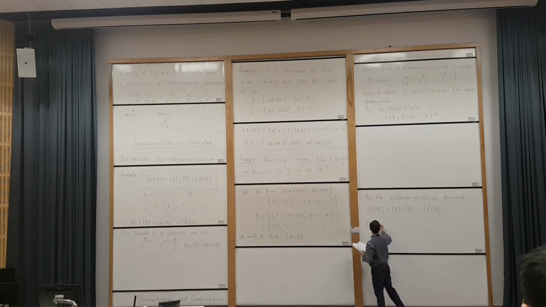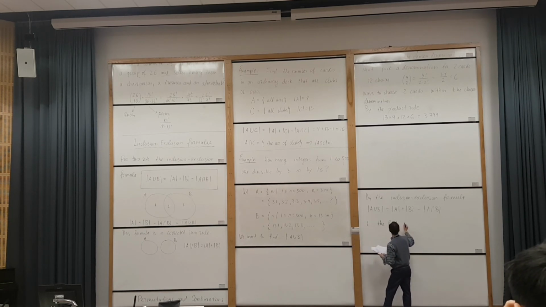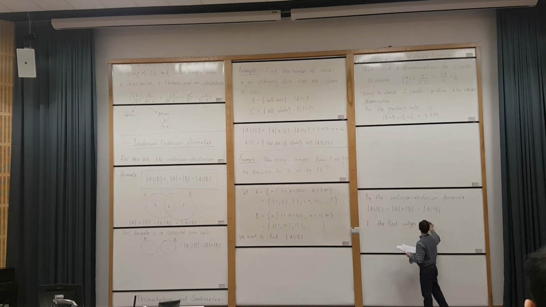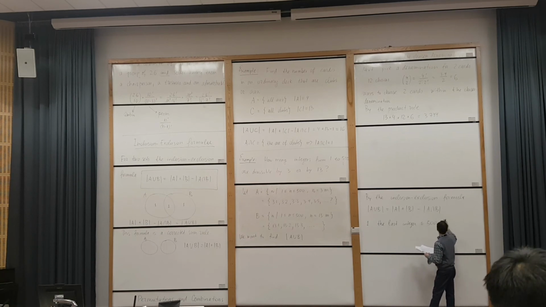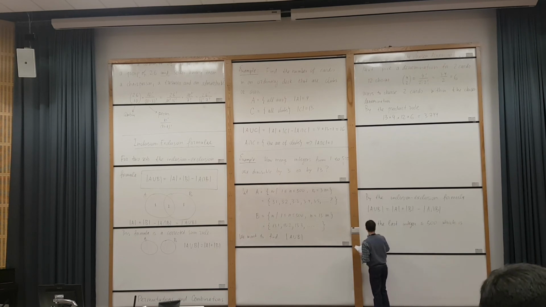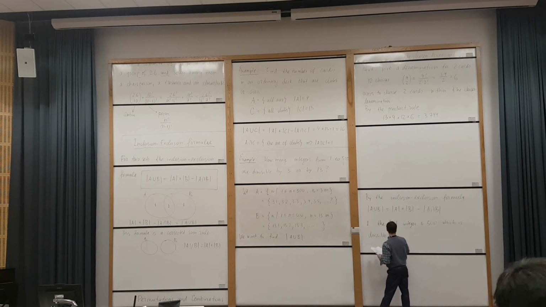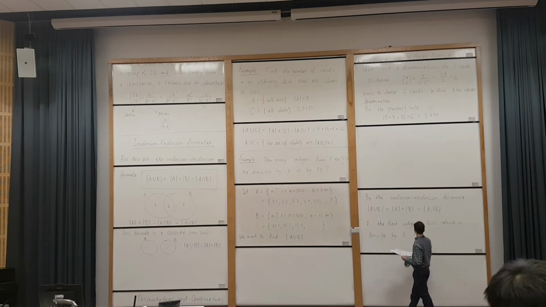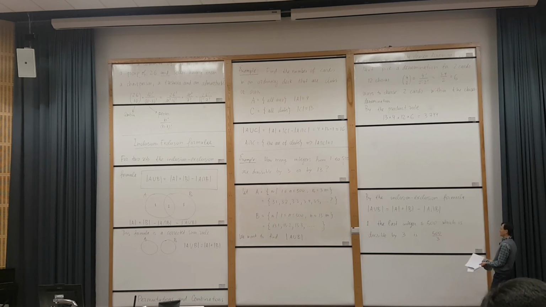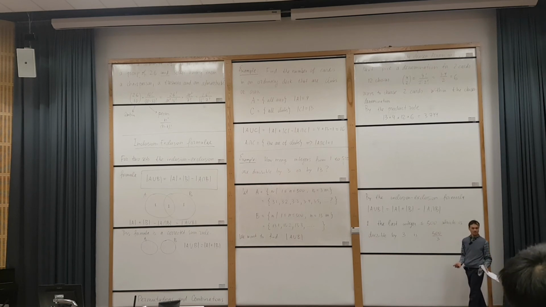And so the last integer which is less than or equal to 500 and divisible by 3 is, well, if 500 was divisible by 3, then it would be 500 divided by 3, because 500 divided by 3 times 3 equals 500. That would be the last element.